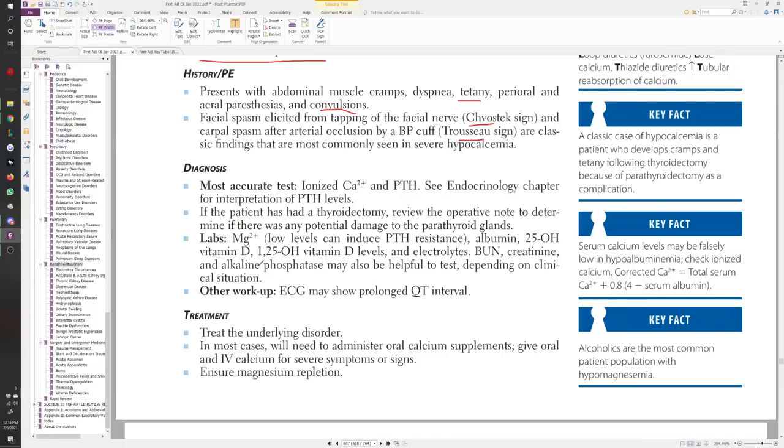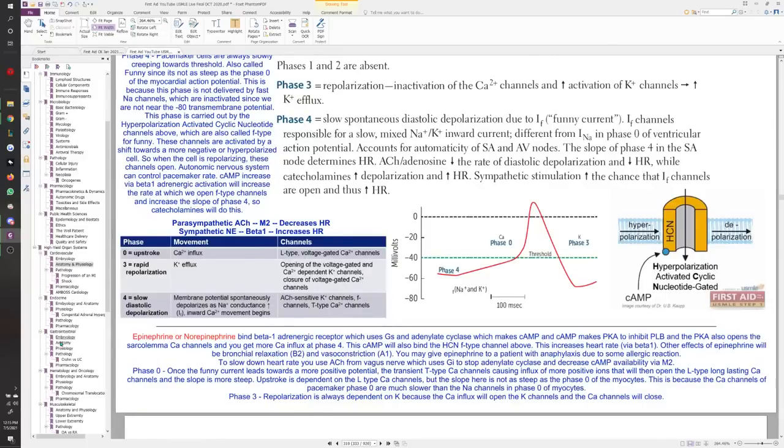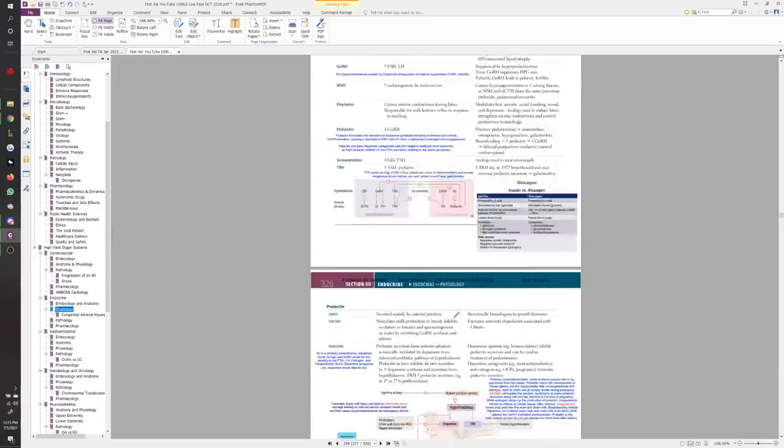Albumin, 25-hydroxy vitamin D, 1,25-hydroxy vitamin D. You need to see if they've been taking too much vitamin D or if they're making a lot of vitamin D in some granuloma. You also check for all the other typical things, BUN, creatinine, alkaline phosphatase, and of course do the ECG.